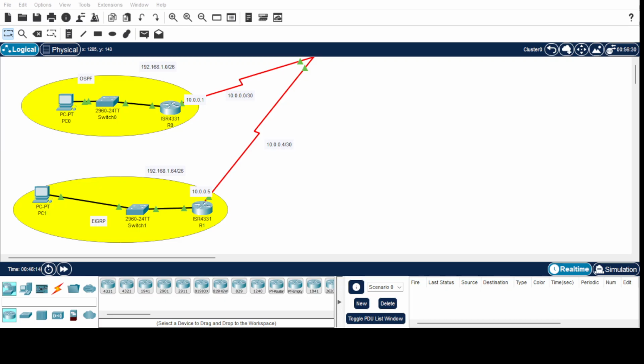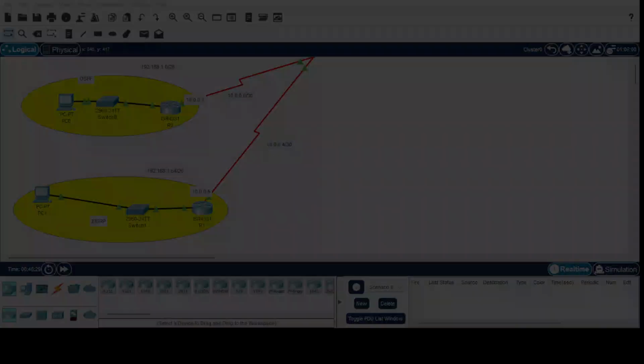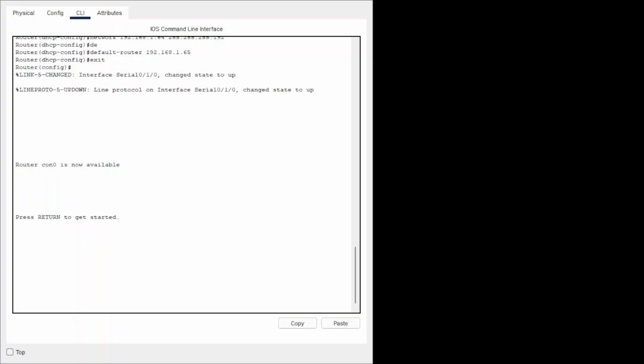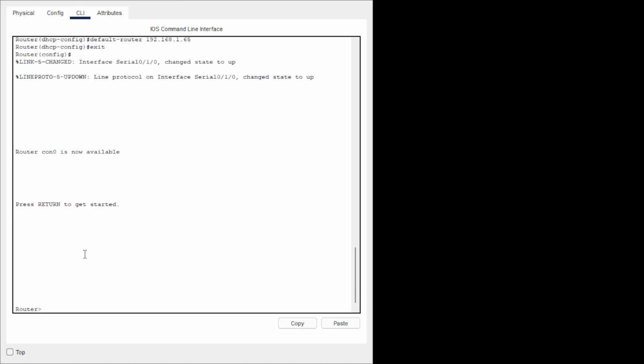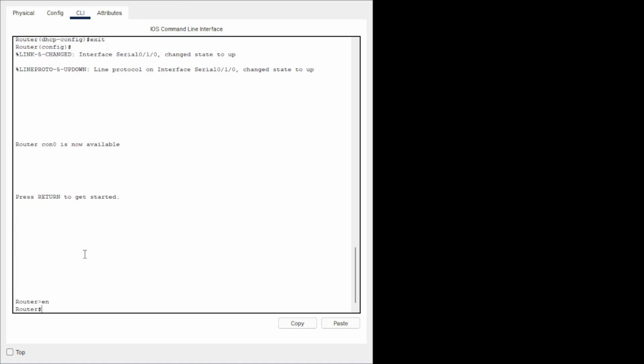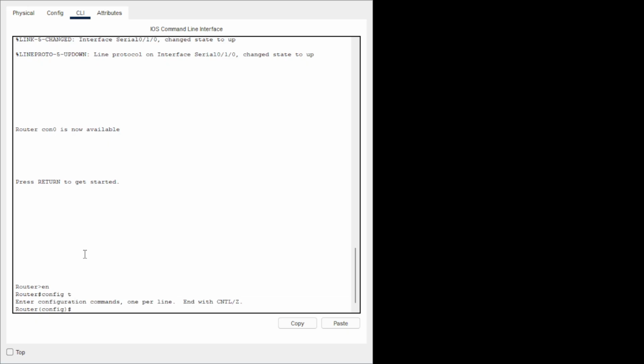So I have enabled the OSPF routing protocol at router 0 in the first network domain. Let's go to router 1. Bringing back the router 1 screen. Enable, config t.